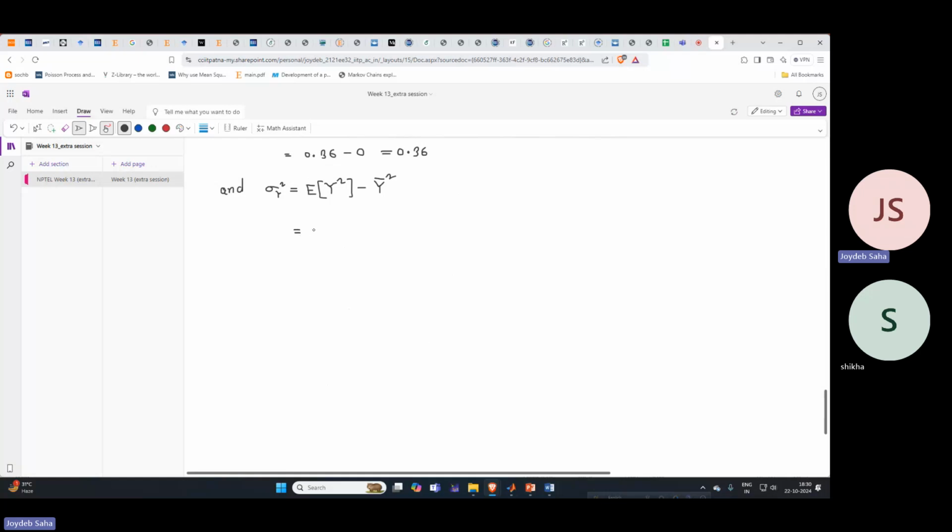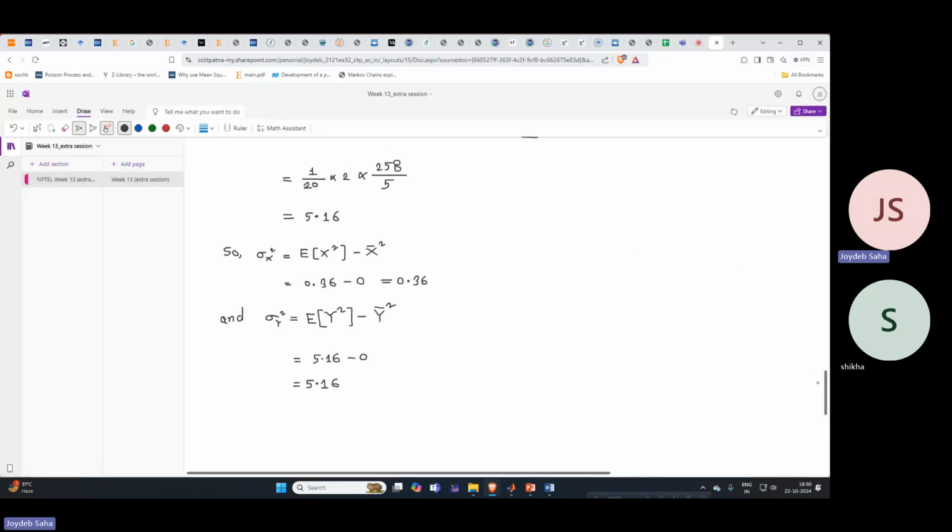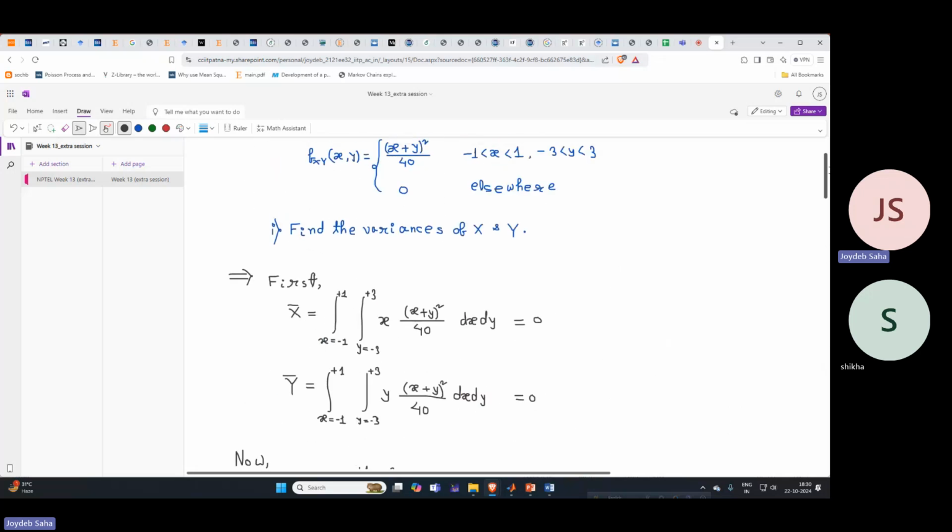This is 5.16 minus 0 is equal to 5.16. Okay, so this was the first part of this question.